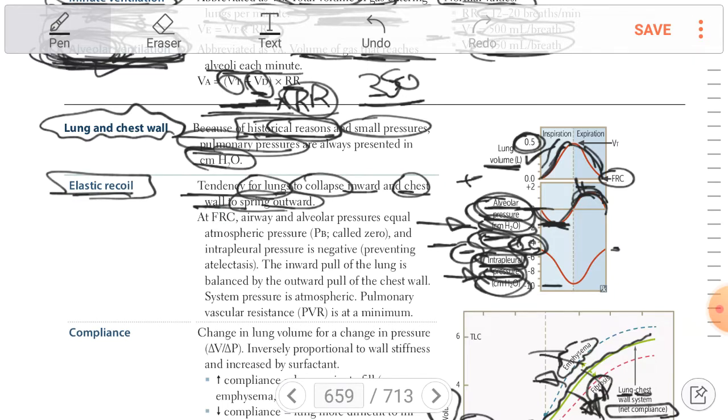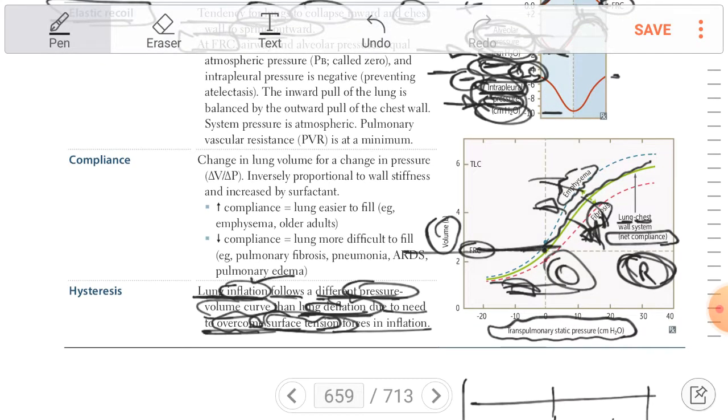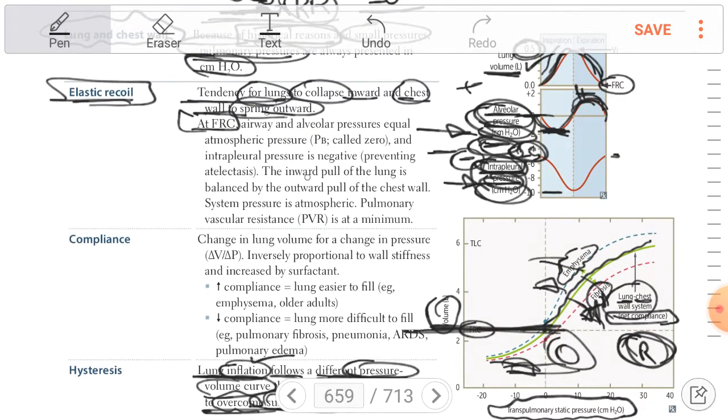So at functional residual capacity, at this point, there is a balance between the lung and chest. Airway and alveolar pressure equal atmospheric: what's inside the lung equals what's outside the lung. It's called 0, 0, 0, and intrapleural pressure will be negative.